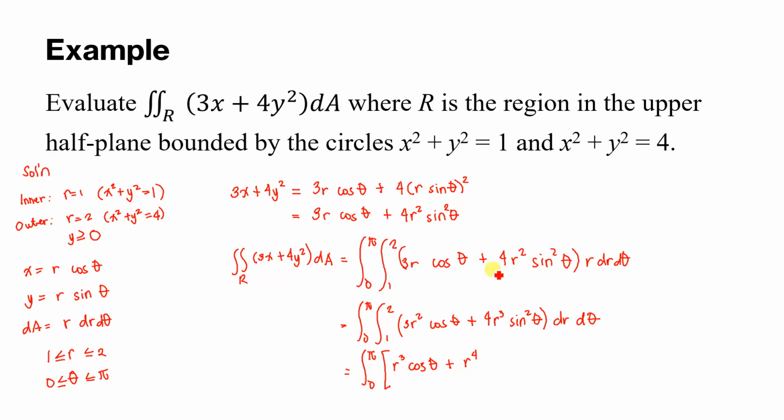So you have r raised to 4 sine squared theta. Of course, that would be from 1 to 2.